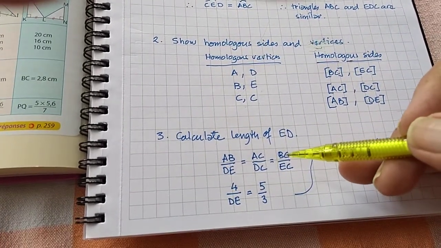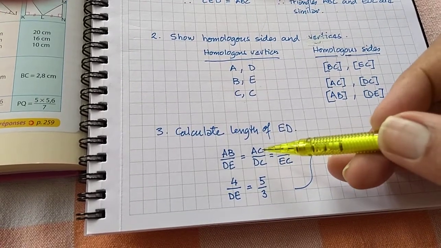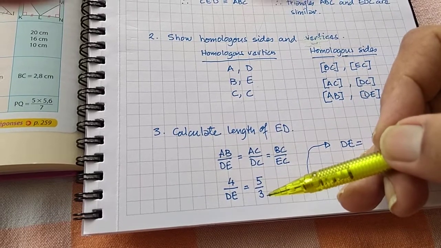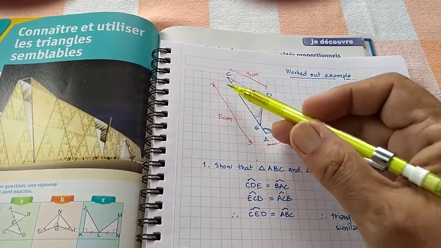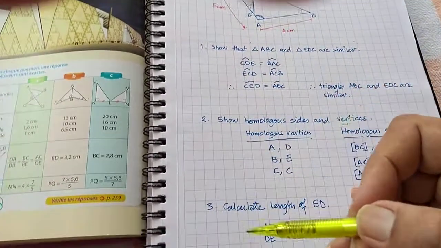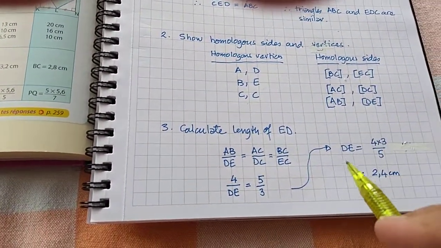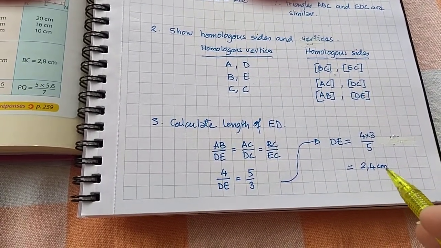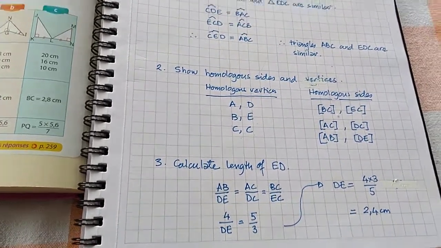So what do we know? We know AC is 5 centimeters. We know DC is 3 centimeters. We know AB is 4 centimeters. These are the three values that are given to us. So when we solve this equation, we'll get DE is equal to 4 into 3 divided by 5, and we will get DE is equal to 2.4 centimeters.